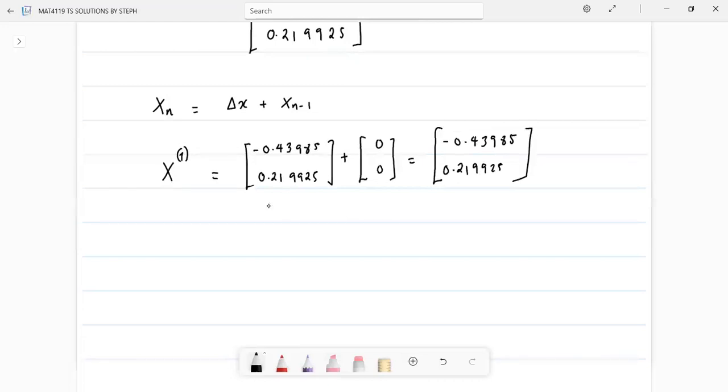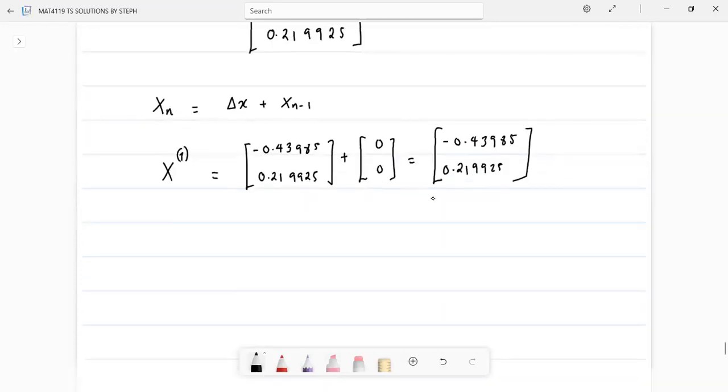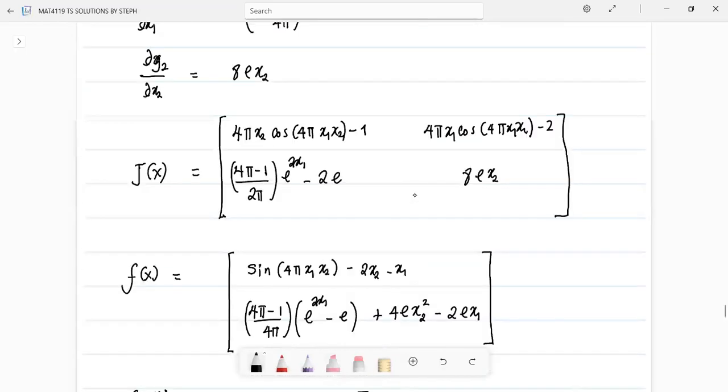According to the question, you have to do two iterations, right? So to do the second one, we're going to use this as our present approximation. We're not going to use this anymore. So we're going to get this and plug it in our Jacobian matrix. Which matrix is that? Our Jacobian matrix is this.